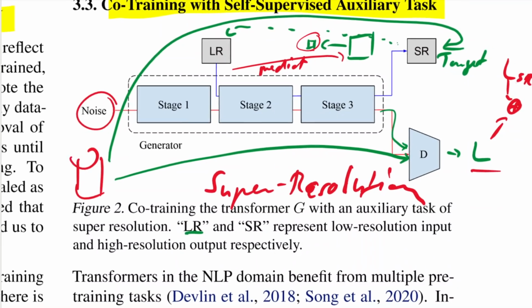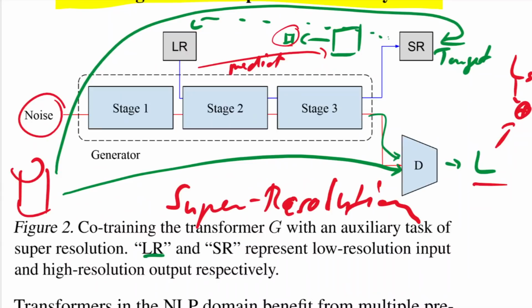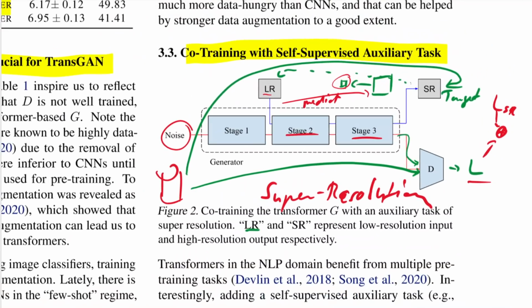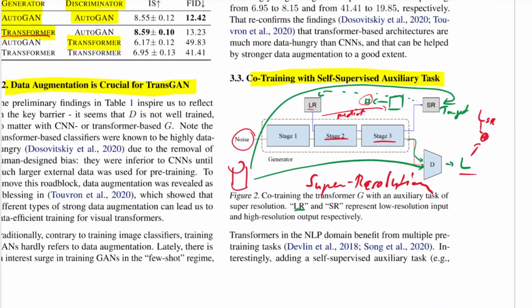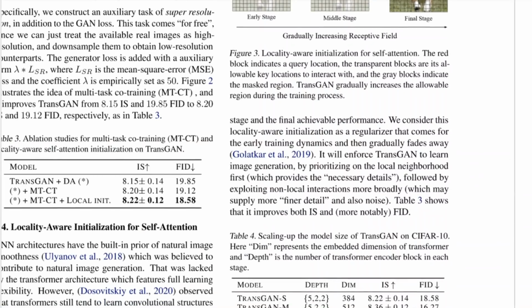And this helps the generator, so given a low resolution image, these stages here will have to learn to sort of upsample realistic looking images from lower resolution images. And that's what you sort of expect this GAN to do. So it makes sense that this is a good auxiliary task. And this turns out to help quite a bit.